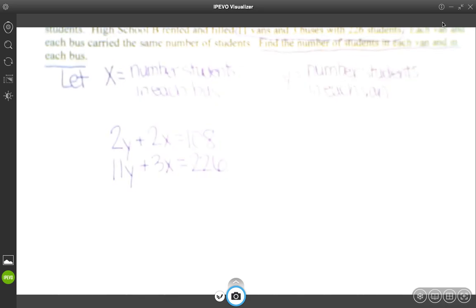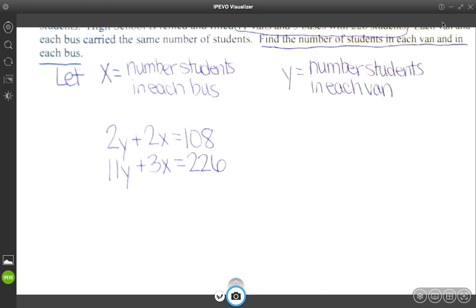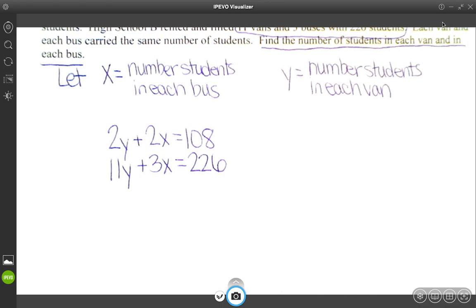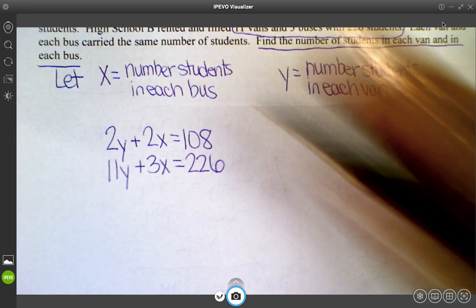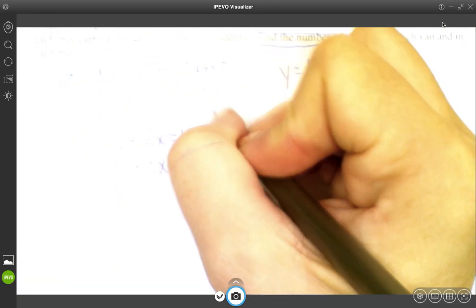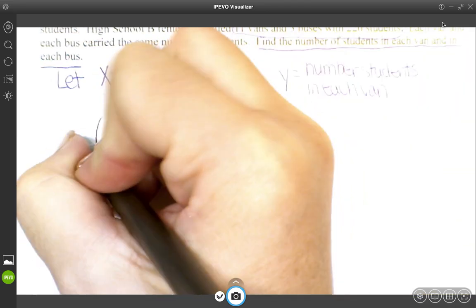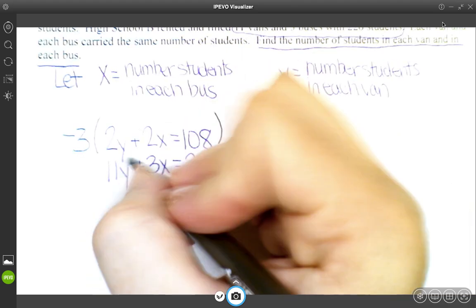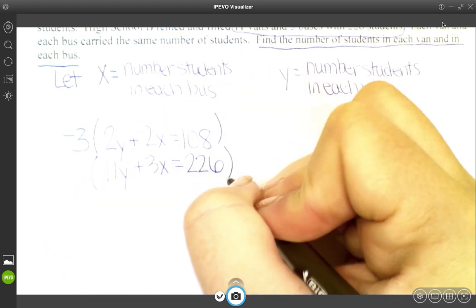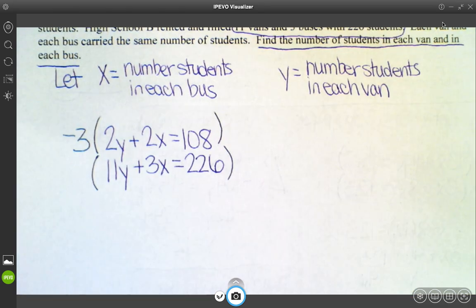So on this one, whenever we multiply, do you want to make the y's positive and negative 22, or do you want to make the x's positive and negative 6? So what will I multiply the top by? Okay, so we took care of the negative there. If we made the top x negative 6, what do we need to multiply the bottom by?